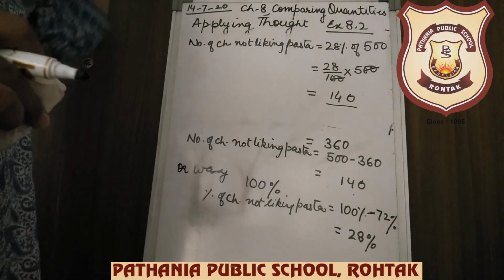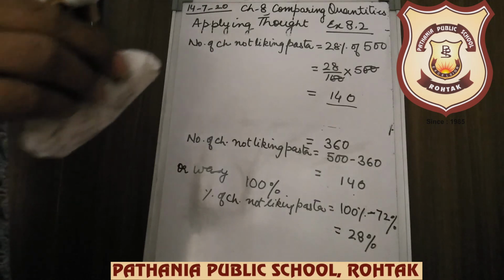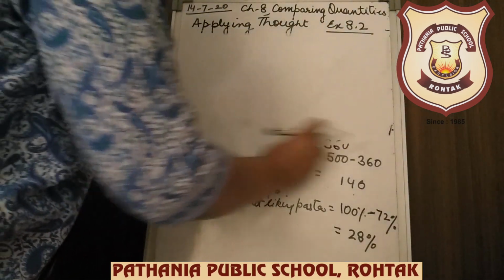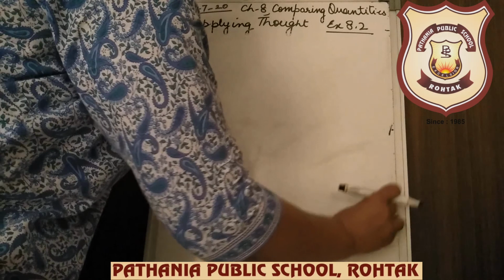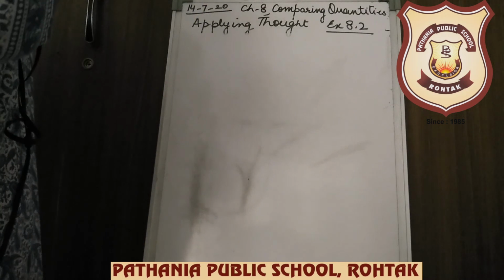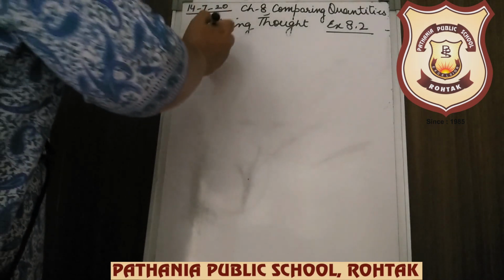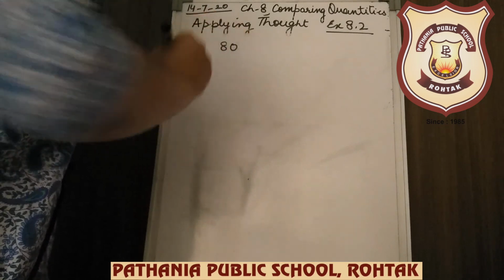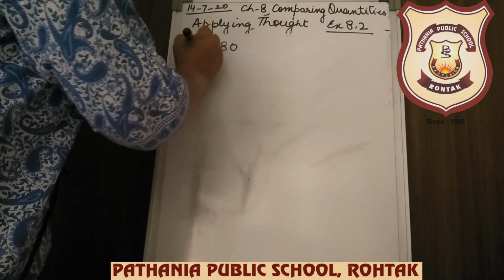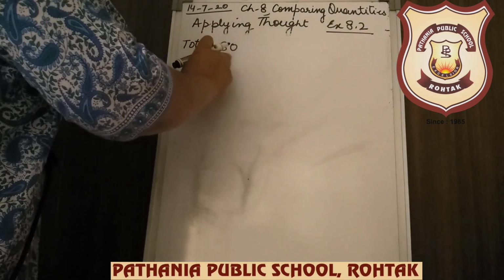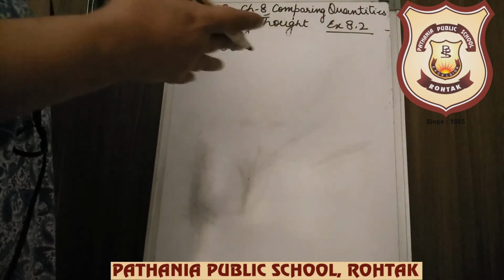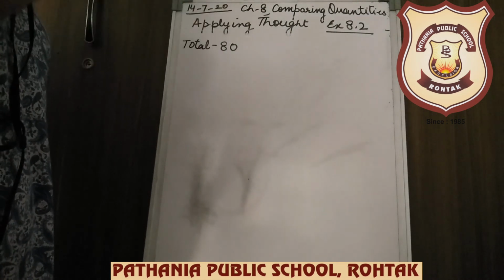Now one important topic that is given here, to find increase or decrease as percentage. Now suppose I am taking a simple example. There are 80 students, total students are 80, and next year the number of students has decreased.